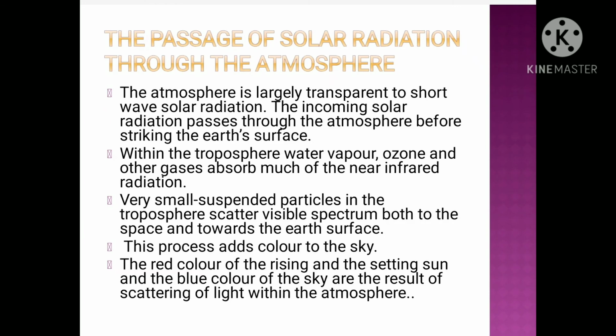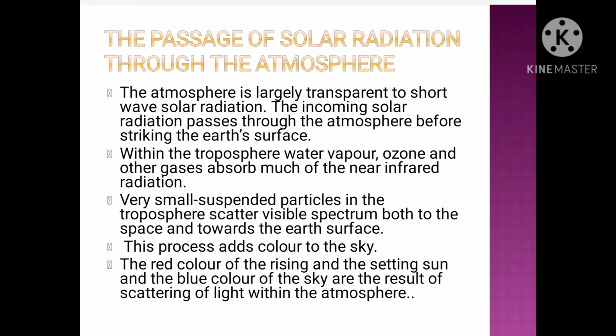The next topic is the passage of solar radiation through the atmosphere. The atmosphere is largely transparent to the short-wave solar radiation that comes to the surface of the Earth. The incoming solar radiation passes through the atmosphere before striking the Earth's surface. Within the troposphere, water vapors, ozone, and other gases absorb much of the near-infrared radiation.